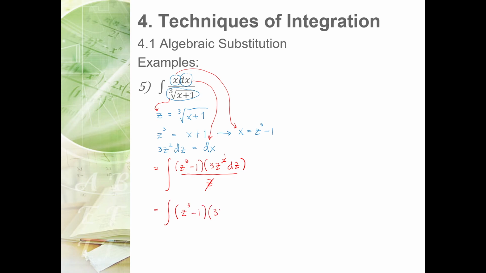times 3z dz. So again, we can multiply z inside the expression and take out the constant outside, 3, and then this becomes z to the power 4 minus z dz. So again, we can now integrate easily with this function.